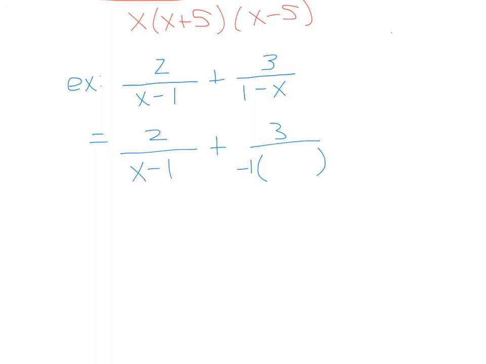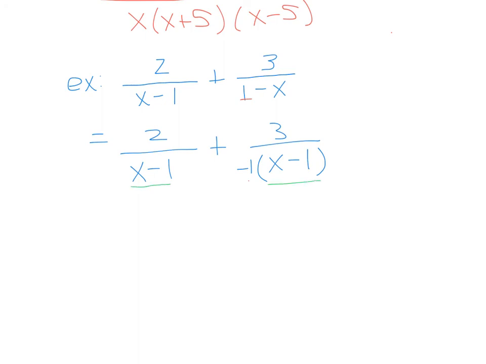If we factor out a negative 1, that's like dividing by a negative 1, we get a positive x. And if we divide 1 by negative 1, that's going to give us a negative 1. Okay, so we end up with having something that looks pretty common.